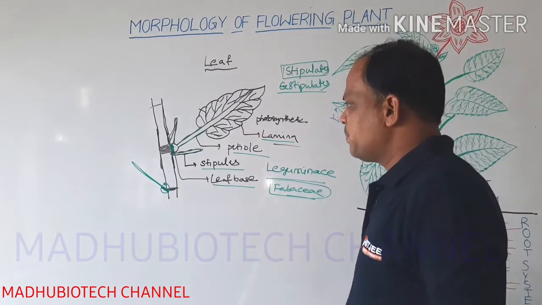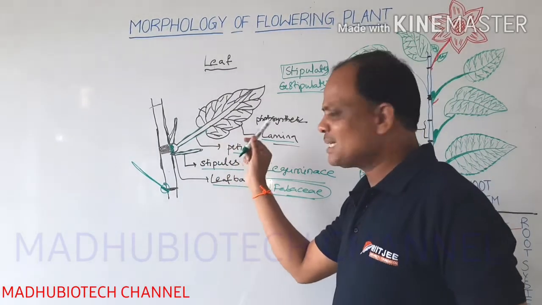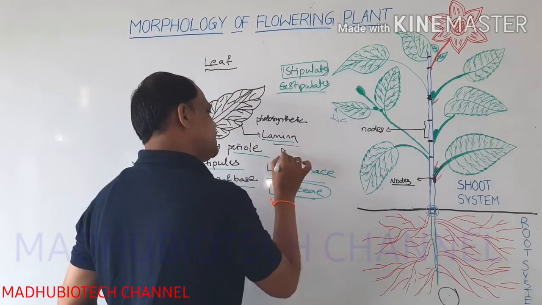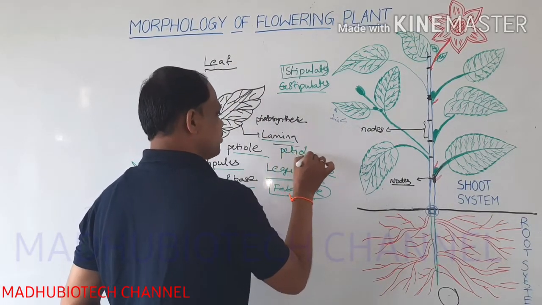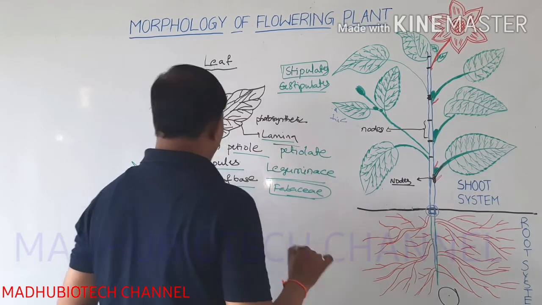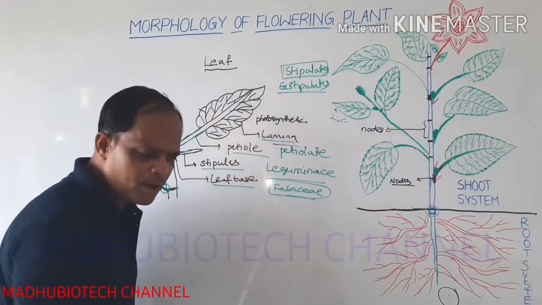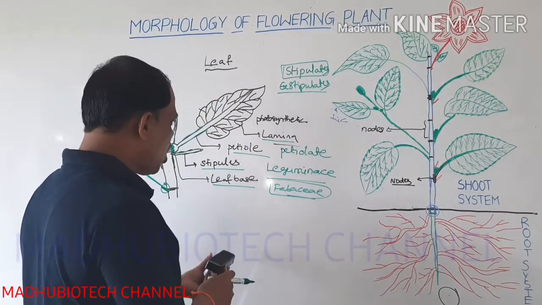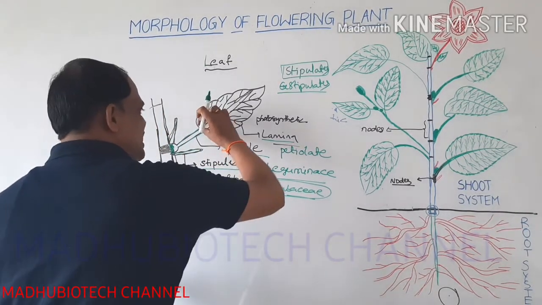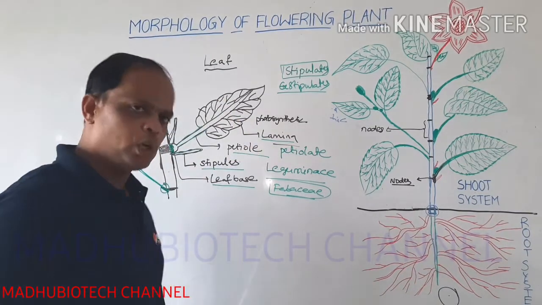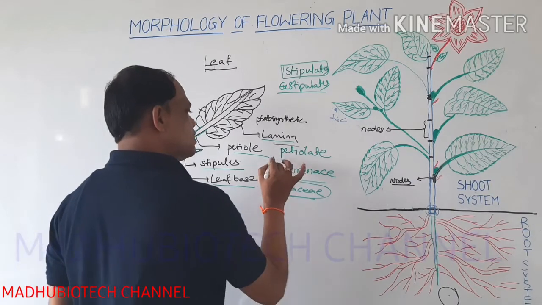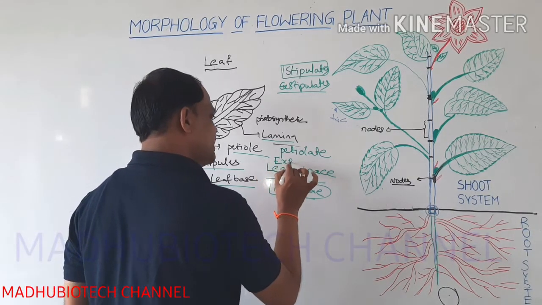The leaf that bears the petiole is called petiolate. Some leaves are absent of petioles and are directly attached to the nodes place. That type of leaf is called ex-petiolate.